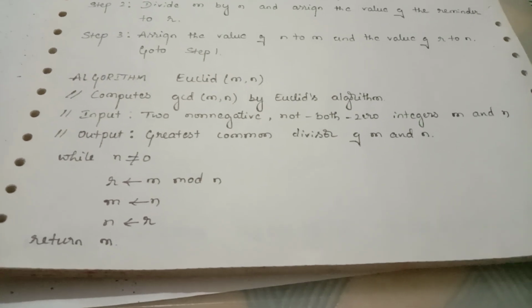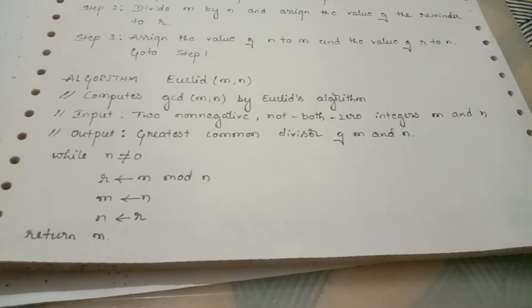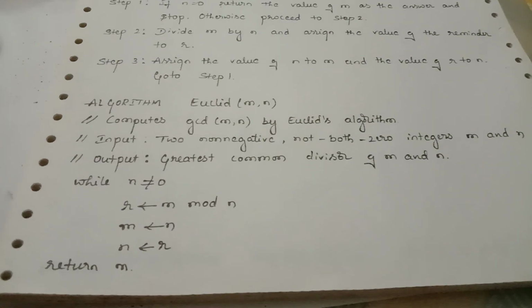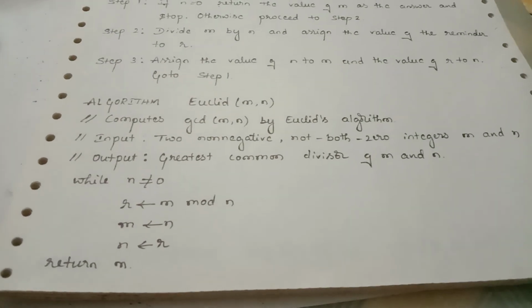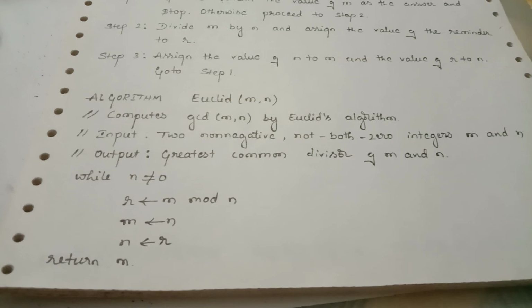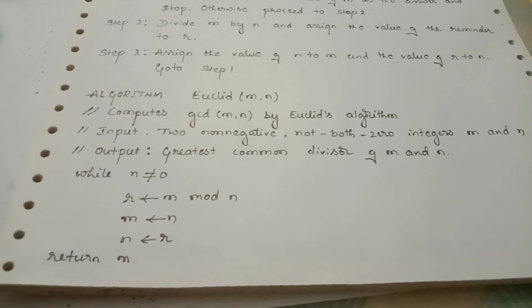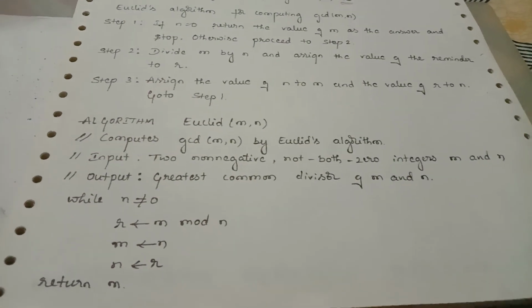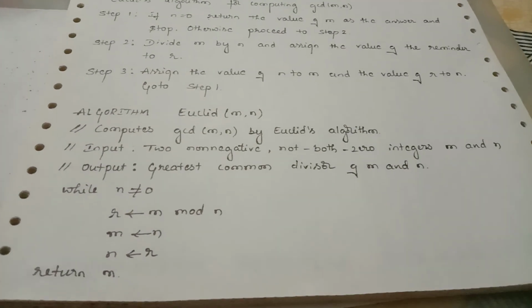Whenever we represent an algorithm like this, we call it pseudocode. In this we have to follow some rules, and we are going to continue these rules in the upcoming writing of algorithms also.